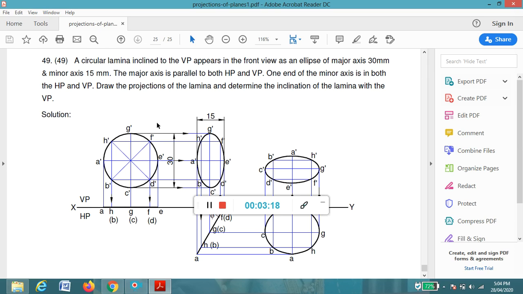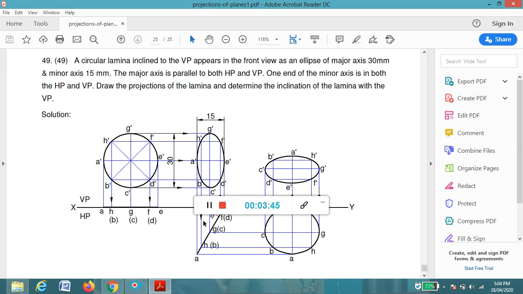Similarly, F dash becomes F, D dash becomes D inside the bracket, and E dash simply becomes E. Then you draw this line A to E as a thick line, because this length A E is the top view of the circular lamina. While viewing from the top, it appears like a line.